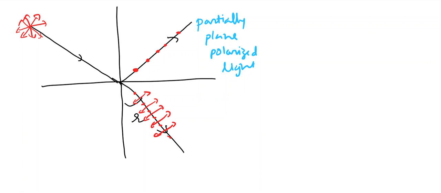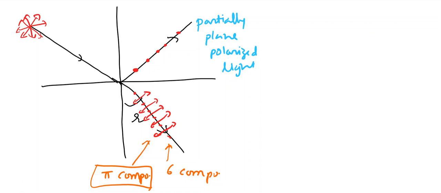These are called sigma components and these are called pi components. So what are pi components? Pi components are the electric field vectors which are in the plane of incidence, whereas sigma components are components of the electric field which we cannot draw on this plane because they are perpendicular to this plane.